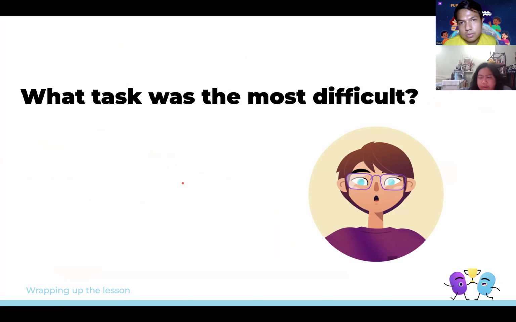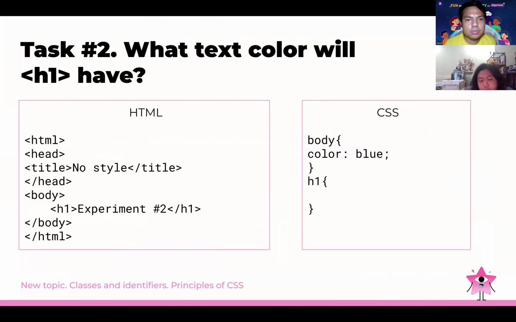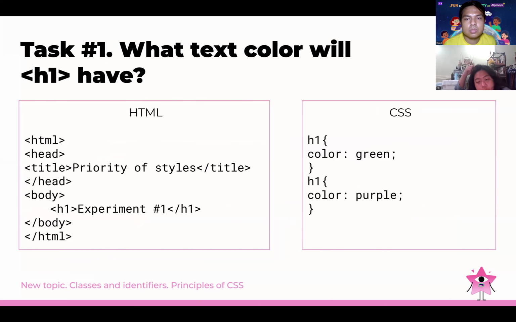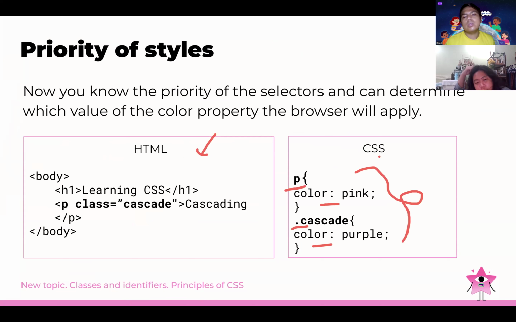Can you show the cascade example again? Yes, this one. Now this one: P color pink, the cascade color purple. So this one will not be colored pink, but will be colored purple.